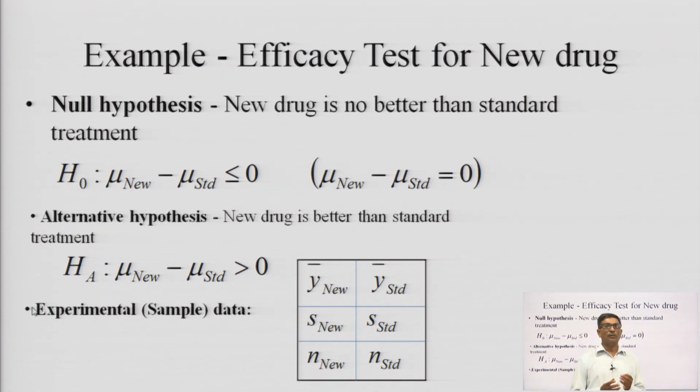So, if mu new minus mu standard is less than or equal to 0, you can say the mean of new treatment minus mean of standard treatment equal to 0, or mu new equal to mu standard.